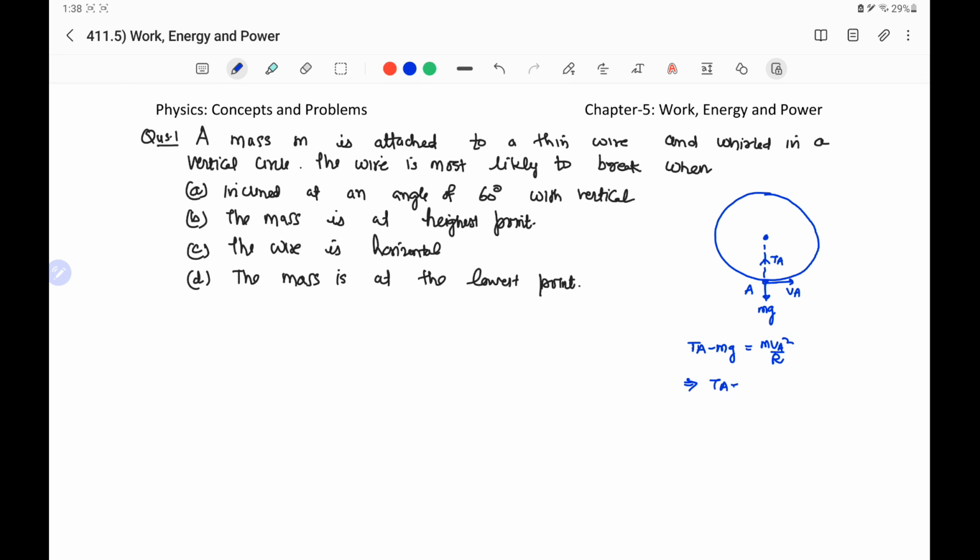Hence the tension in the string will be mg plus m vA square by r, and it will be the highest tension in the vertical circle at the lowest point. So the string is likely to break when the mass is at the lowest point. So option D is the correct option.